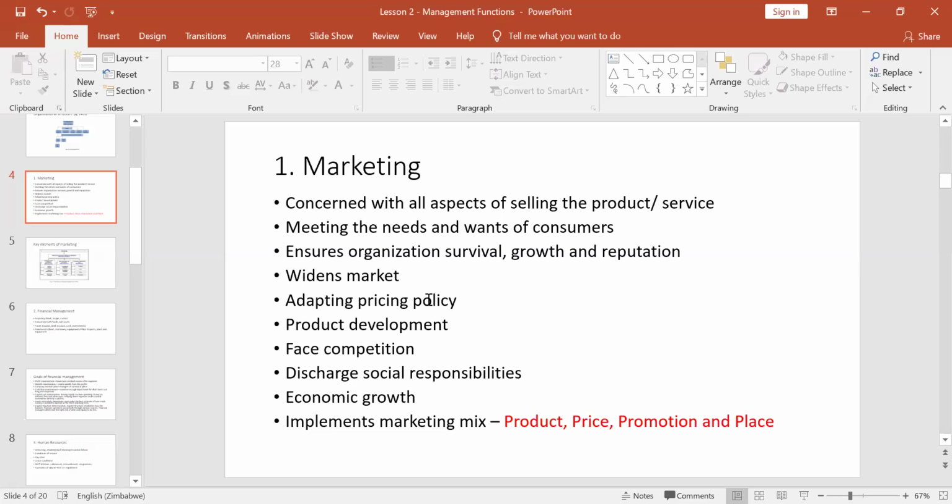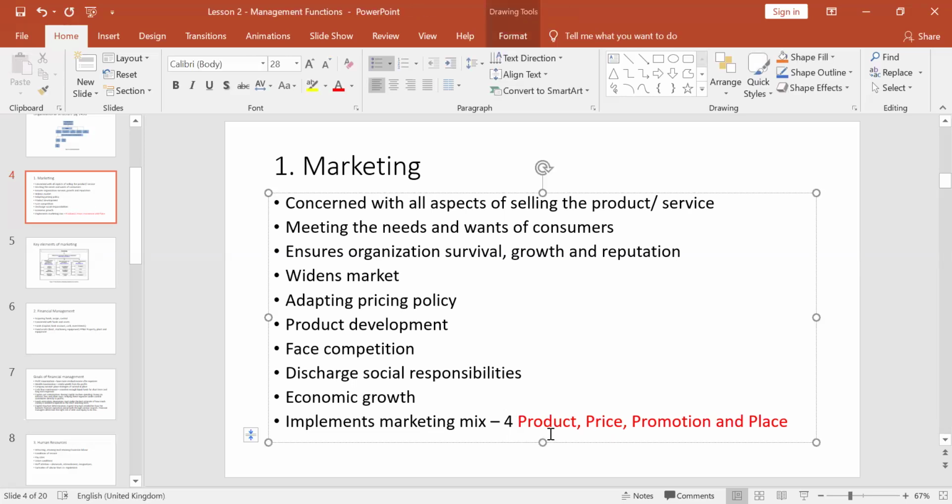So the main elements that we are going to talk about when we look at marketing, it's what we call the marketing mix: the product, price, promotion, and place. If you have done introduction to management, you'll be familiar with these terms. We call them the 4 Ps, the 4 Ps of marketing.